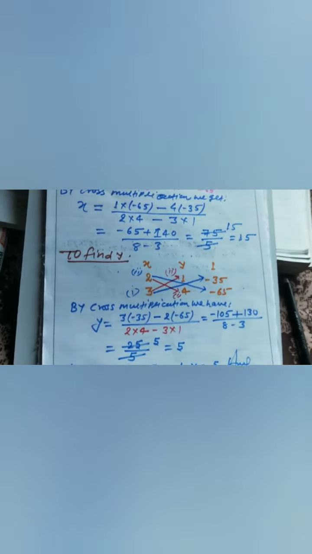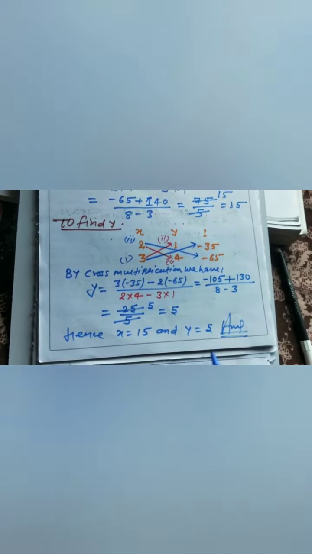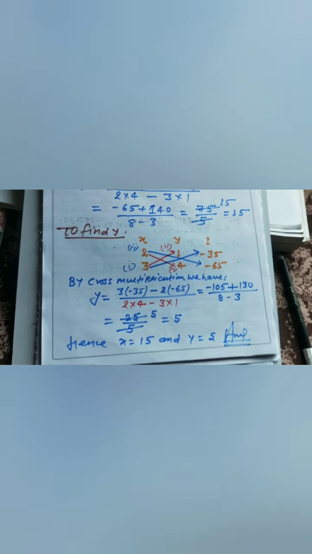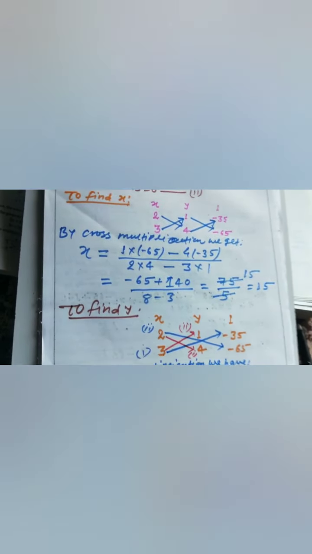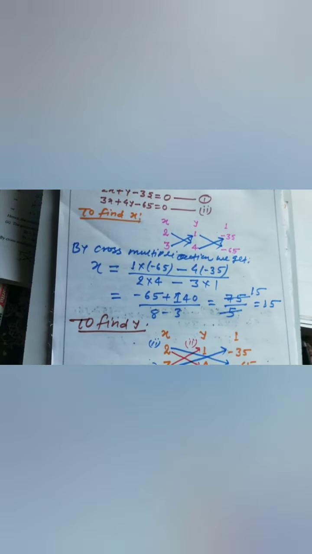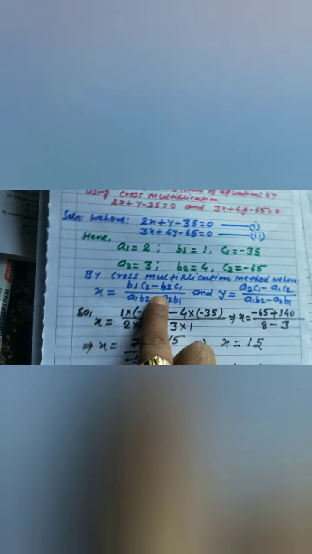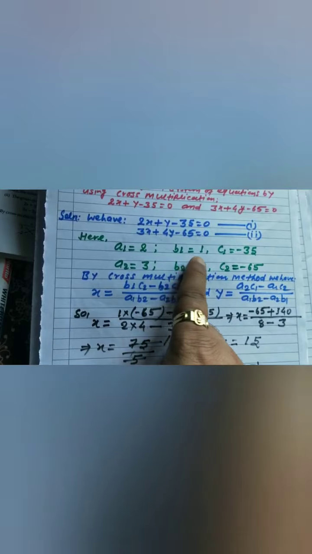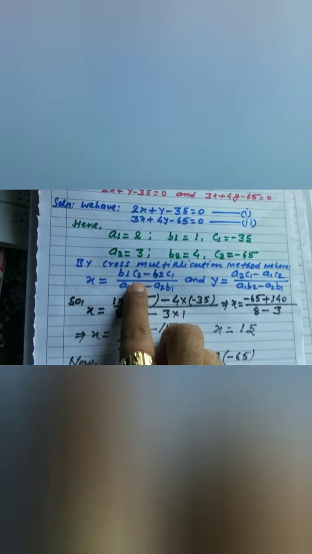So in both ways we have got the same value of x and y, and that means you can solve all problems of linear equations in two variables by the cross multiplication method, either in this way or in the way we have just solved it first, by putting the values of coefficients in this formula. So it is easy to remember it.